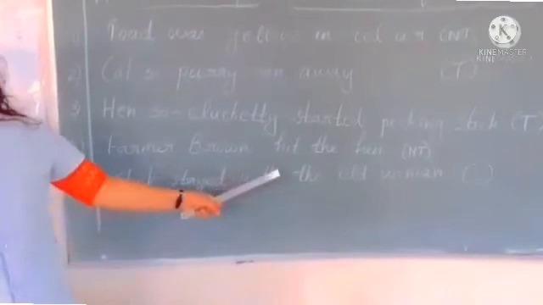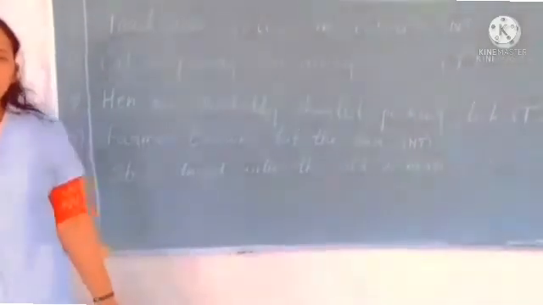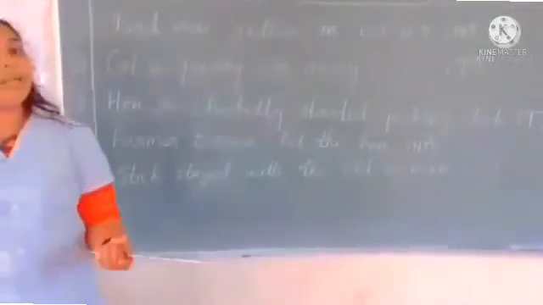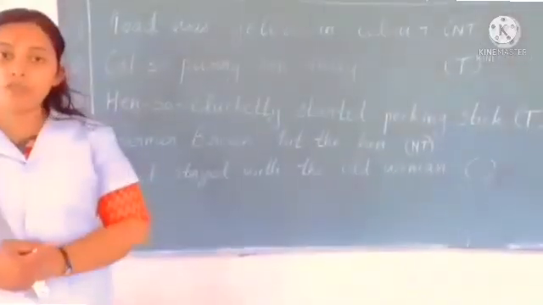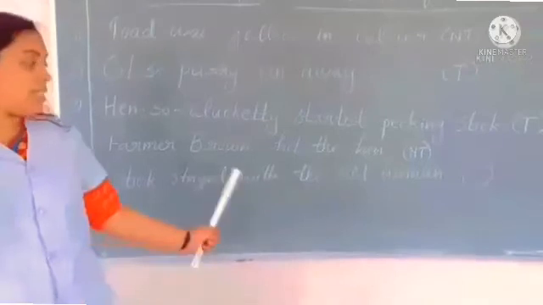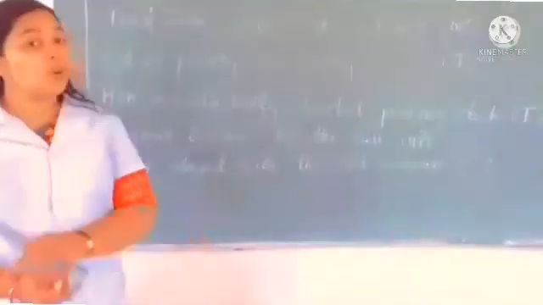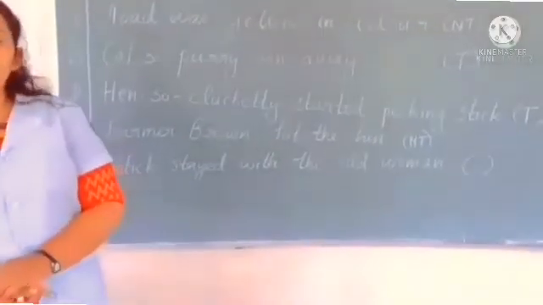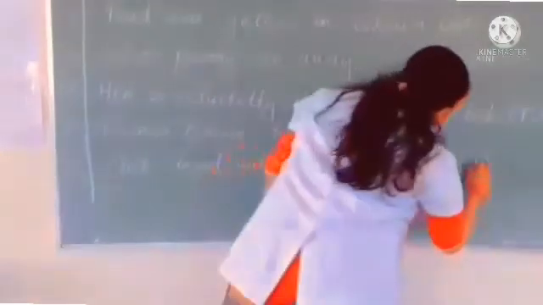Is it right? Yes, finally our stick became the friend of the old woman. He helped the old woman to walk. So our stick stayed with the old woman. Is it true or not true? Yes, that is true. So here we can write the letter T for true.